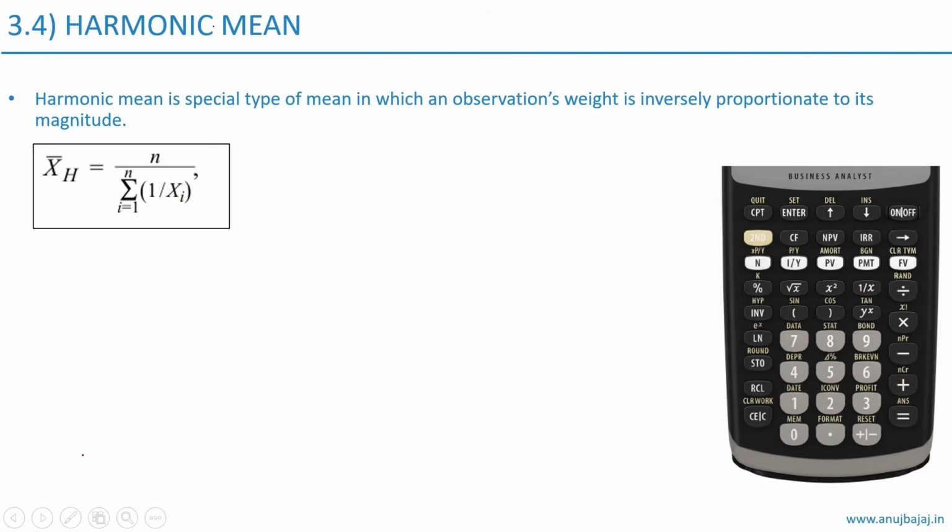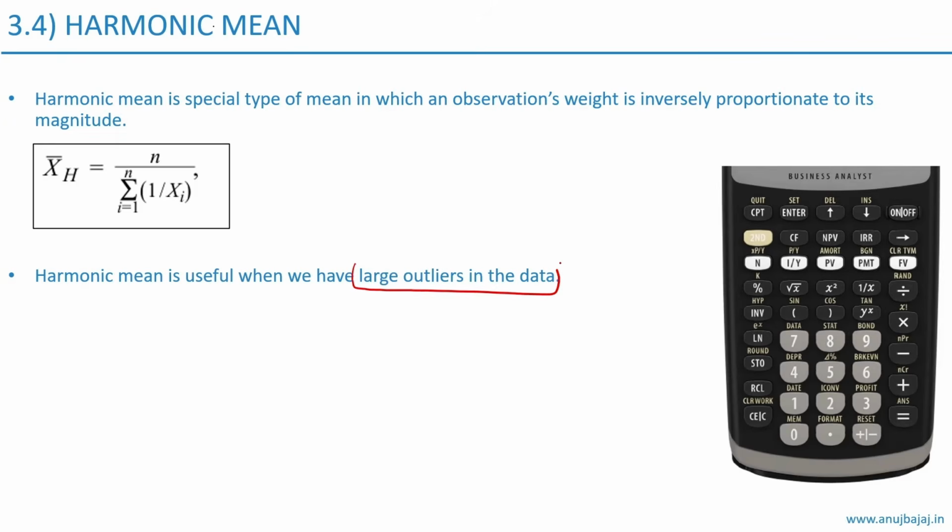Harmonic mean is very rarely used to calculate the average return. Rather, it has various uses, like it is very useful when we have large outliers in the data.